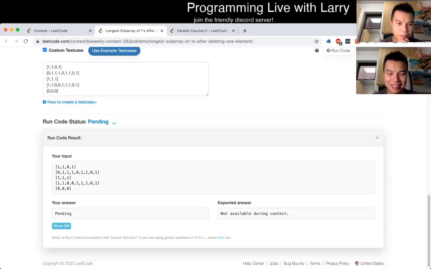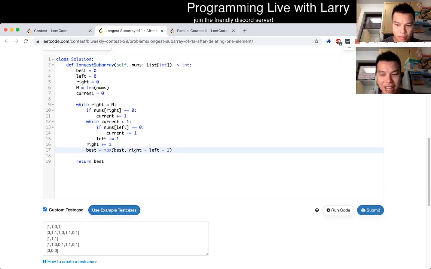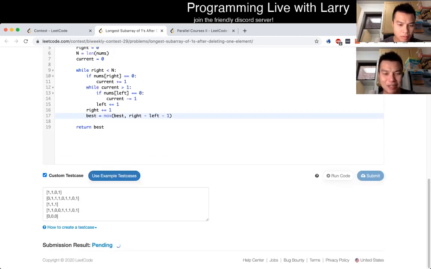At this point I was wondering if maybe my while loops are wrong, because why would it take so long? But then as soon as I got accepted, it's okay.